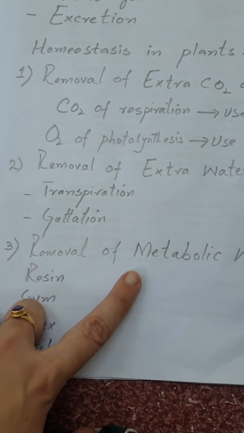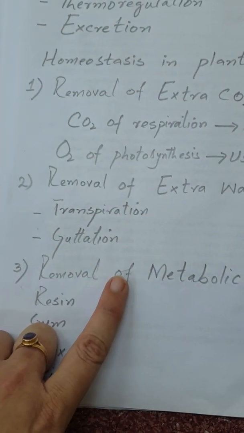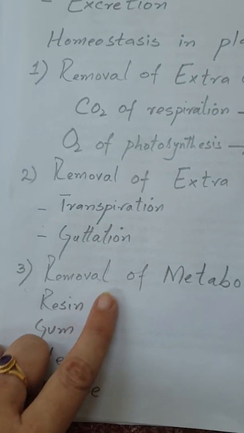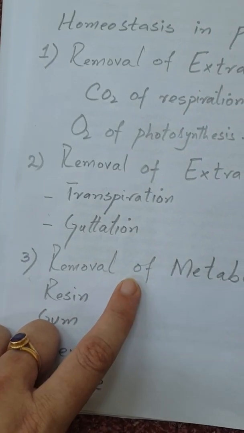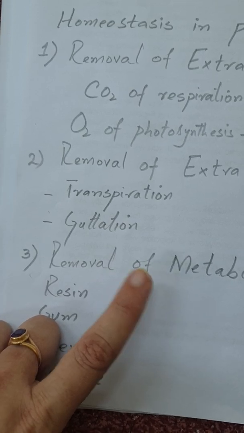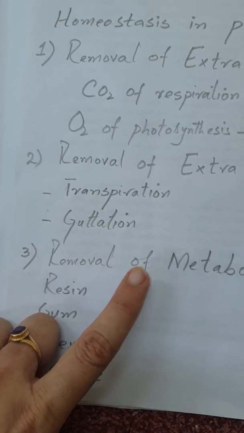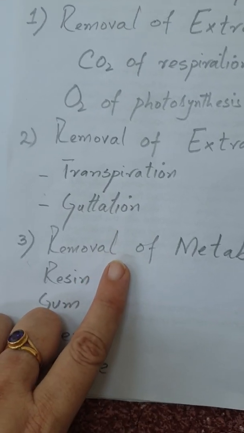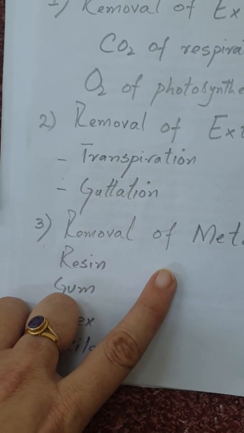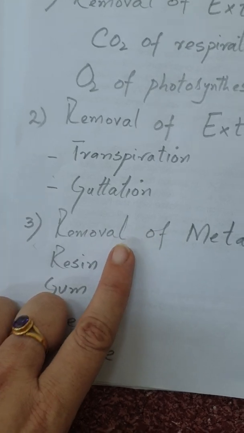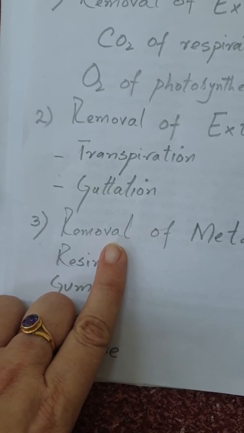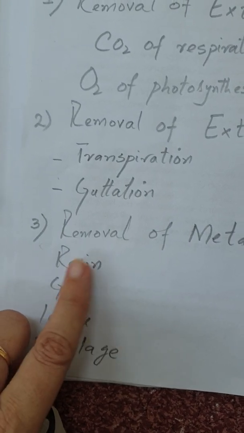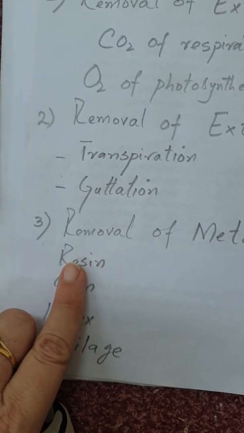The third one is the removal of metabolic waste. Metabolic waste, produced especially from the breakdown of protein, such as ammonia or urea, when produced inside the plants, is released from the plant body through different mechanisms, which sometimes give benefits to the plants and sometimes to the environment.